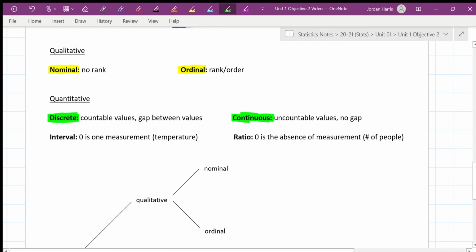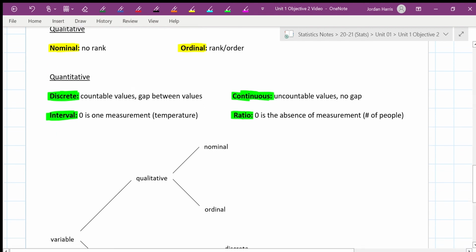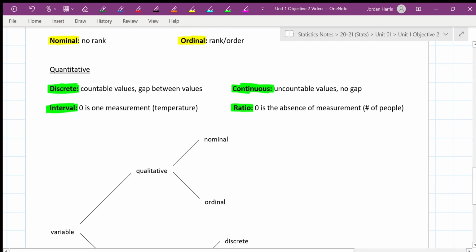The other way, so these are actually separate, so don't get confused. It's not one of the four. It's discrete or continuous, and interval or ratio. So we pick, is it interval or is it ratio? Interval means 0 is a measurement. Really, the only thing that is true for is temperature, right? If I told you it's 0 degrees outside, that does not mean there's no temperature outside. 0 degrees is one of the temperatures, okay, that you can have.